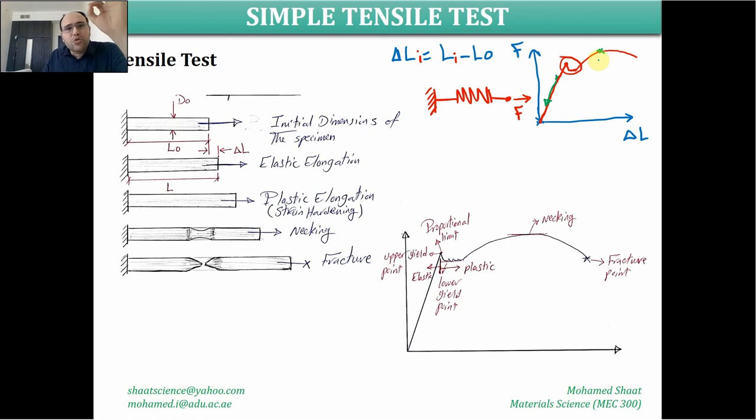Now if we decided to stop the tensile test or remove the force, the material will not be able to reset back one more time following the same curve to the original dimension. No, the material will show a permanent change in the shape and the dimension, indicating that the material has moved to the plastic behavior. So this is what distinguishes the elastic behavior of the material from its plastic behavior.